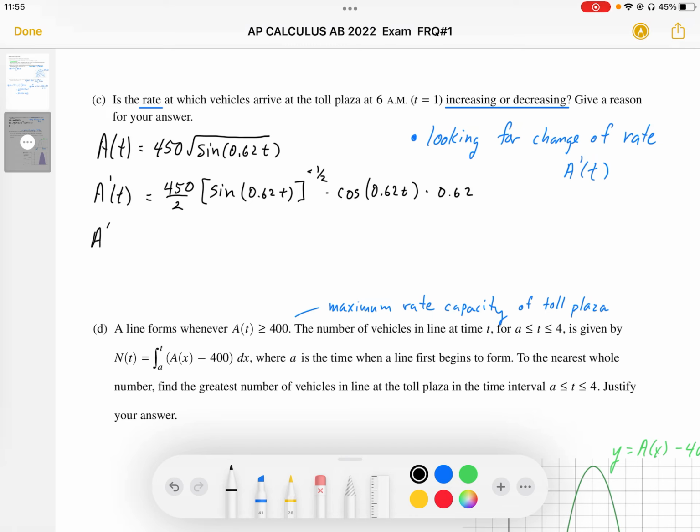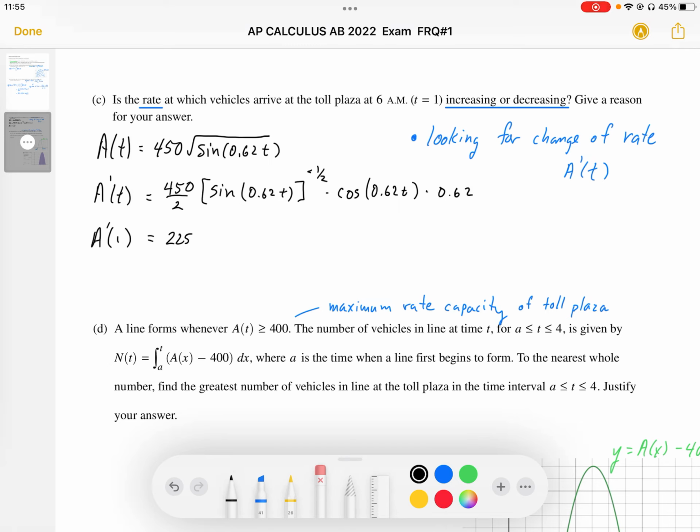I can clean that up a little bit, but really I'm just trying to find the derivative value at t equals 1. So I get 225, and maybe I'll write this as a fraction.